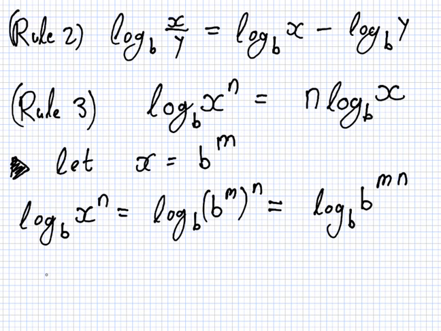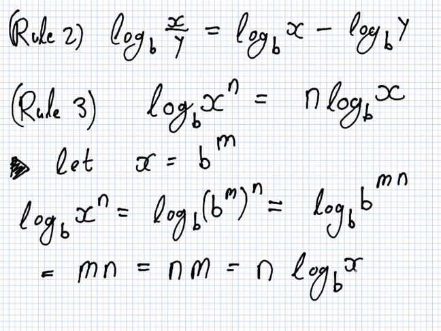Okay. Next, this is equal to mn. Can you see why? Because I'm saying b to what power makes b power mn, and the answer is mn, which equals nm, which equals n log b x.